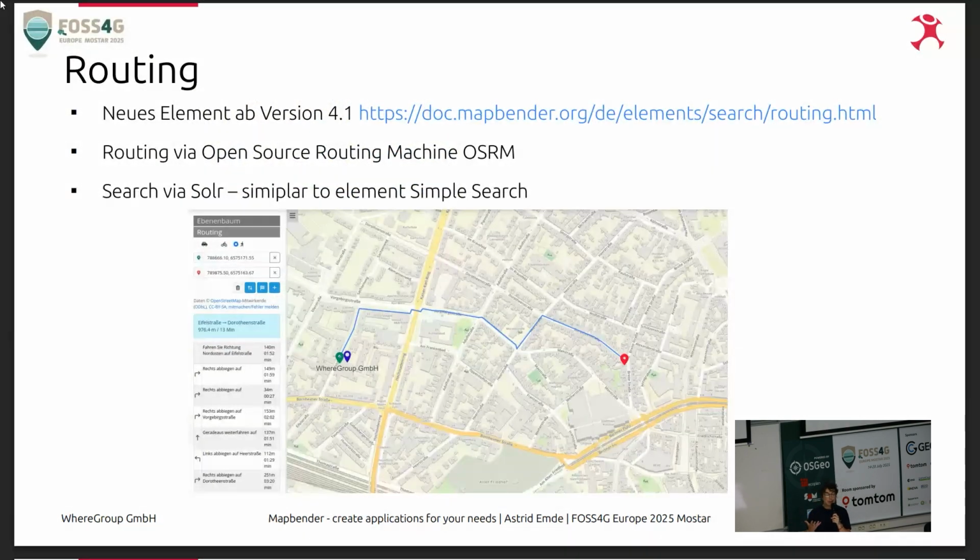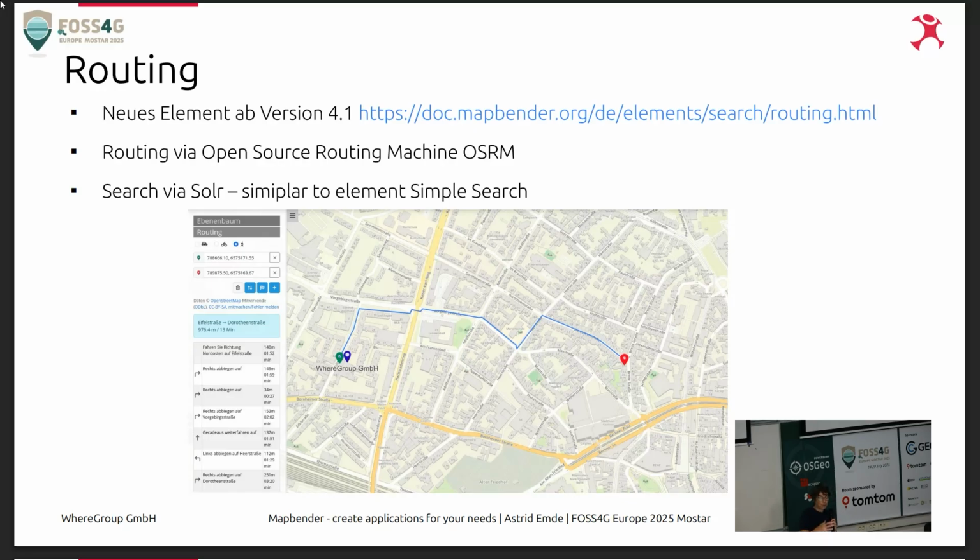So we implemented a routing which sends the request through the OSRM routing machine, and you can click on the map to find the start and the end of your navigation, or you also could write down a road or an address that you would like to route, and this address will be found via a Solr search, and yeah, this is quite a nice new element, and it will maybe get more features.